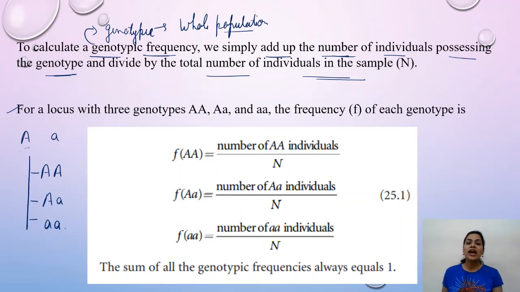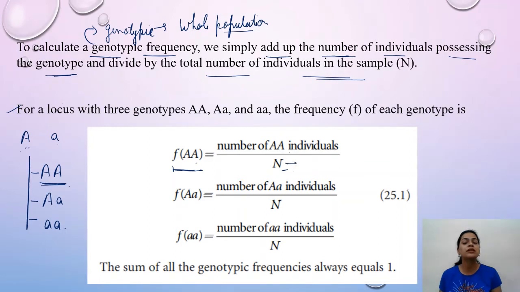Okay, so if I have to calculate the frequency of the homozygous dominant genotype, I'll write it like that. The frequency of the homozygous dominant genotype is equal to, as we just saw, the number of AA individuals in the population. ठीक है, एक पूरे population में how many individuals are having this type of genotype, divided by N. What is N?